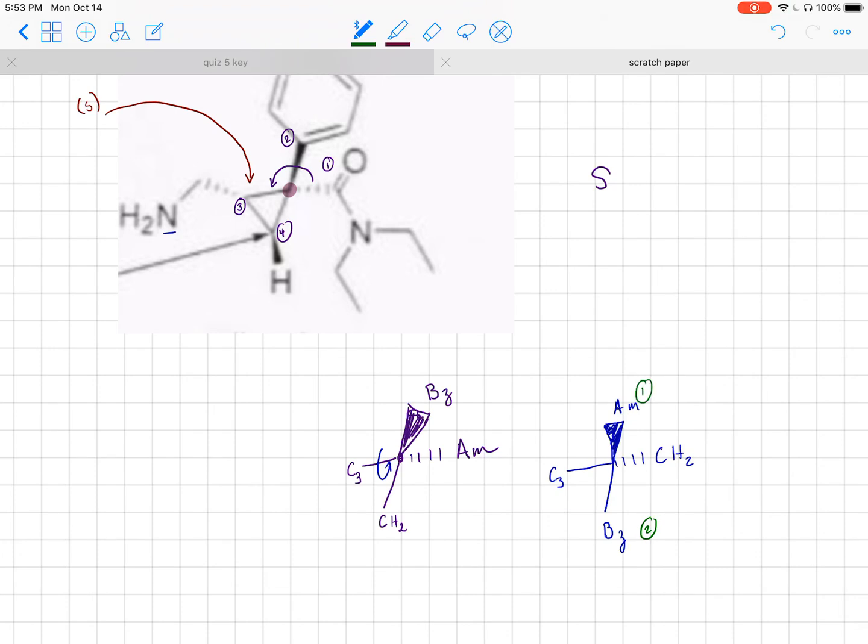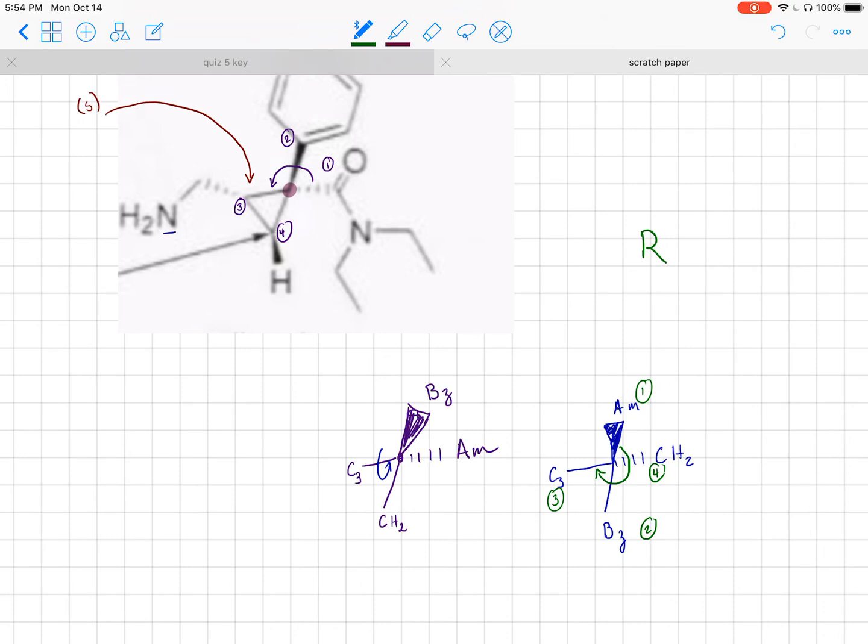The CH2 was number 4. And the C3 was number 3. So then our arrow goes 1, 2, 3. And so it's really not an S configuration at all, it is an R. Because that's now with the 4 in the back.